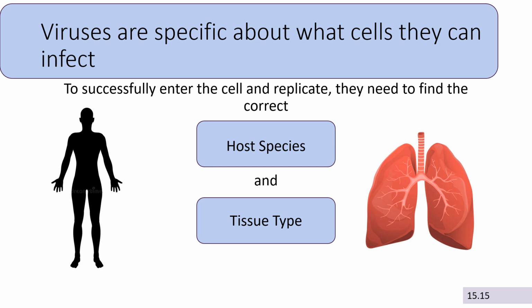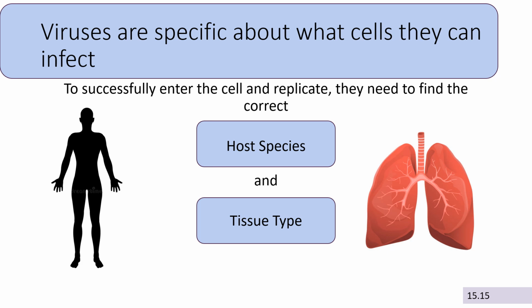Think back to the first step of the viral life cycle. We mentioned that viruses need to bind to specific molecules on the surface of the host cell. So not every virus can infect every type of cell. Viruses are specific, not just to the species or host cell, but also usually the tissue type.